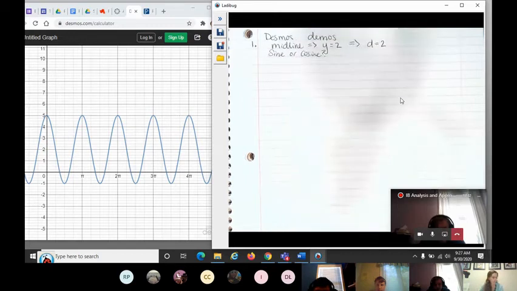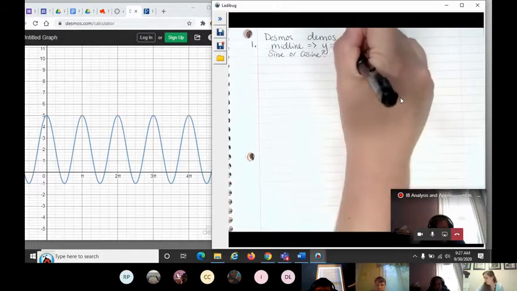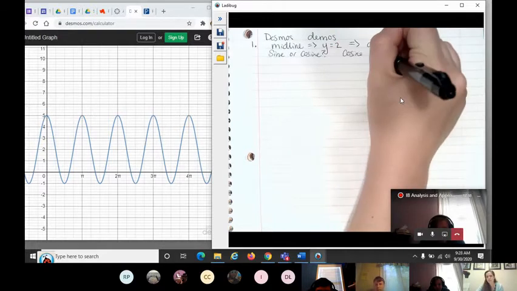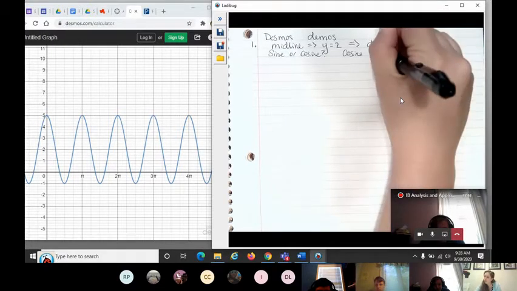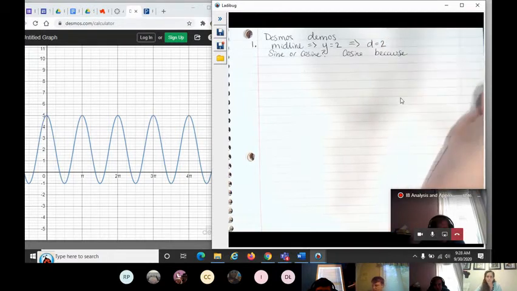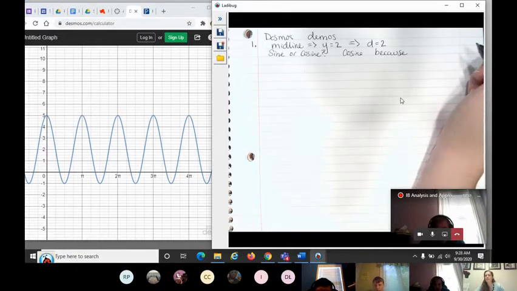I think it is a cosine because it does not pass through the origin. What do you mean pass through the origin? The point 0, 0 is not on the line. Well, what if I had a sine function that was just shifted up vertically?